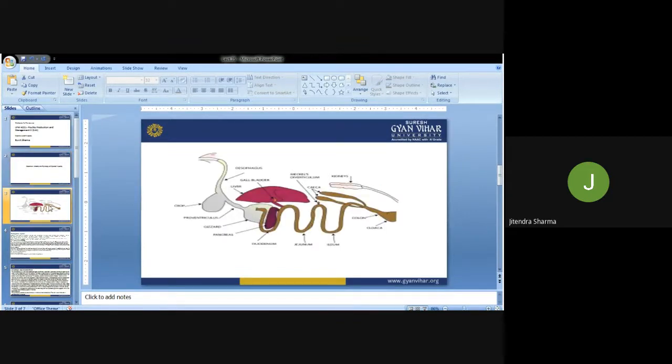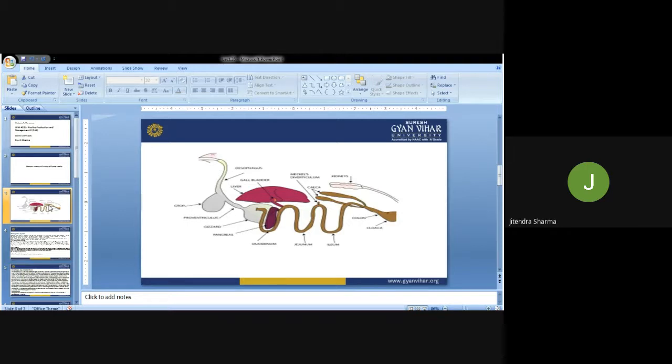In the picture on the screen, you'll see the entire digestive tract of the poultry bird, starting with the beak, and then the esophagus. Then we have a crop, then the proventriculus, then a gizzard, and then the small intestine, the three portions of the small intestine: duodenum, jejunum, and ileum.